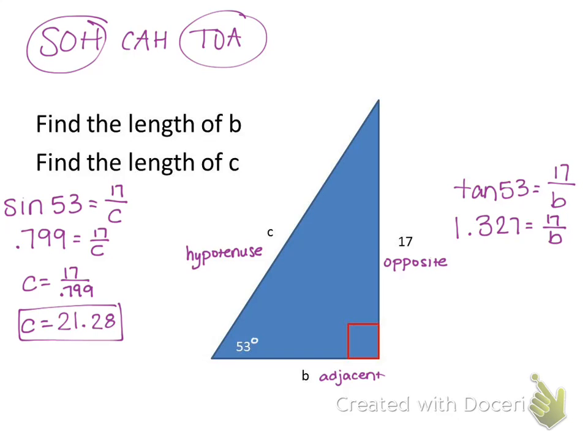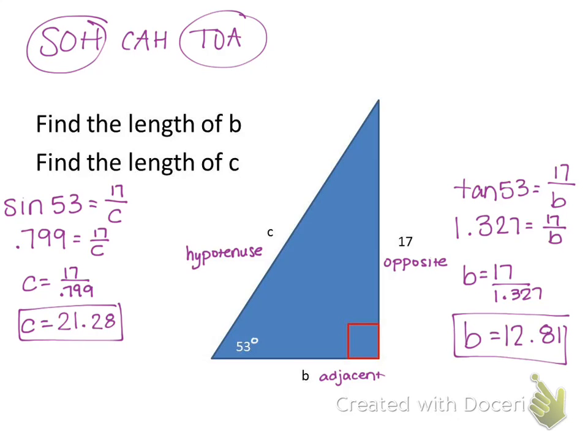Yes, because it's on the bottom. So I write B is equal to 17 over 1.327. Go ahead and divide, and what do I get? 12.81 should be your measurement for side B.